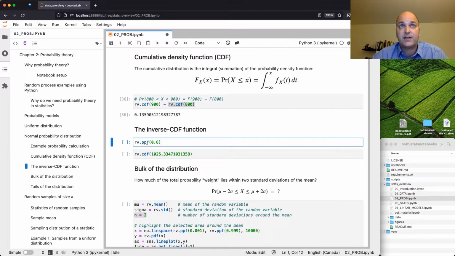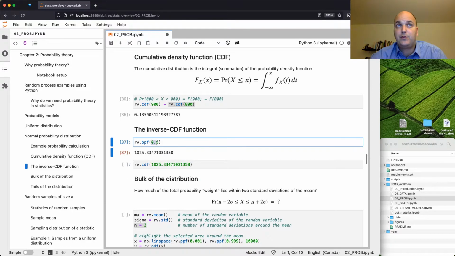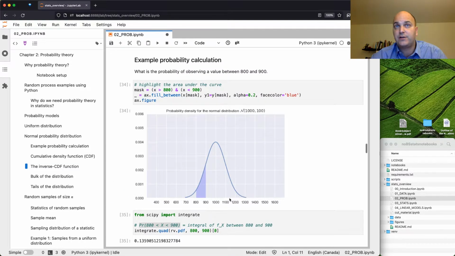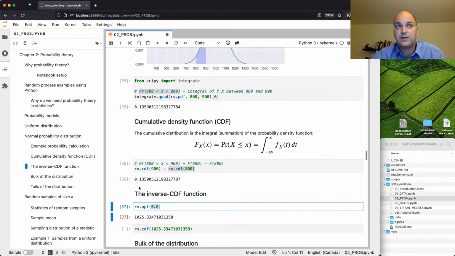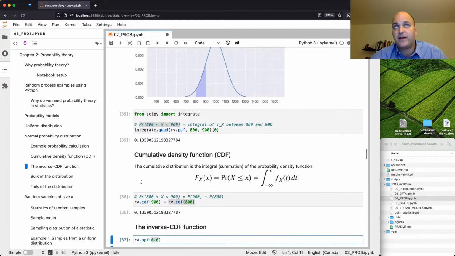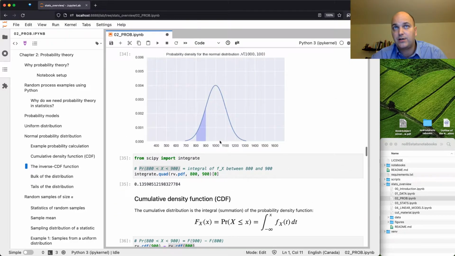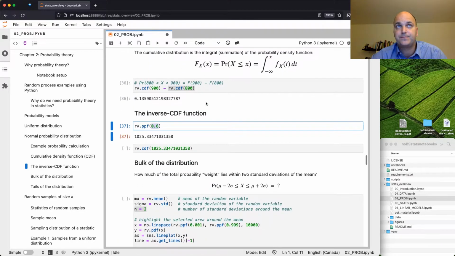Okay, there's another function here, called the PPF, the percent point function, which gives you the inverse of this function. If you want to know how far I have to go in here to reach 60%, this would be 50%, so I have to reach somewhere around here, the answer is 1025. So the area up until 1025 contains 60% of the weight.